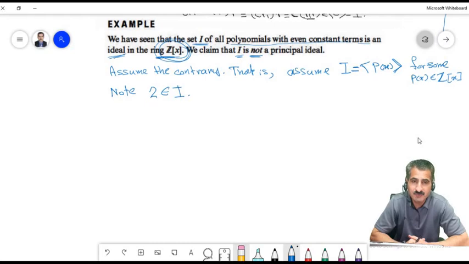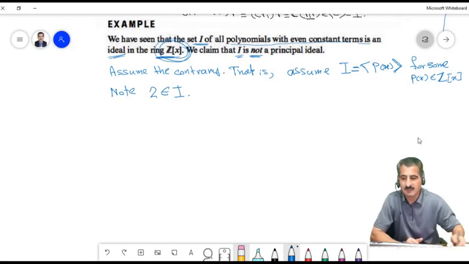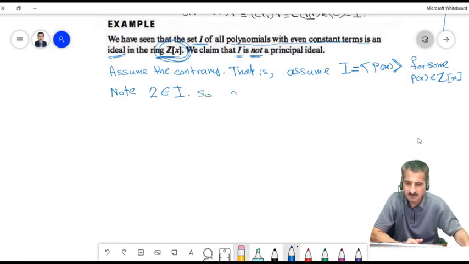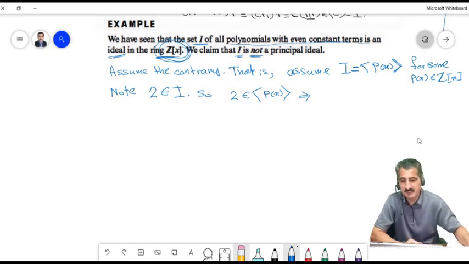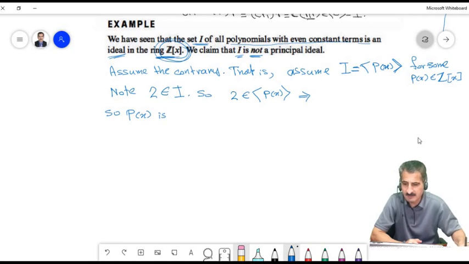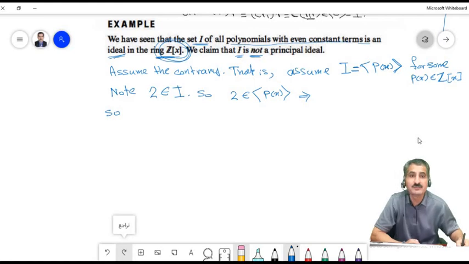So 2 must belong to I, and that means 2 must belong to the principal ideal generated by p(x).